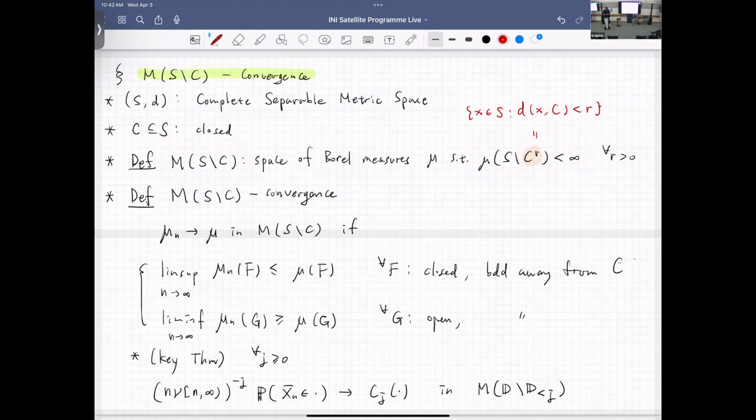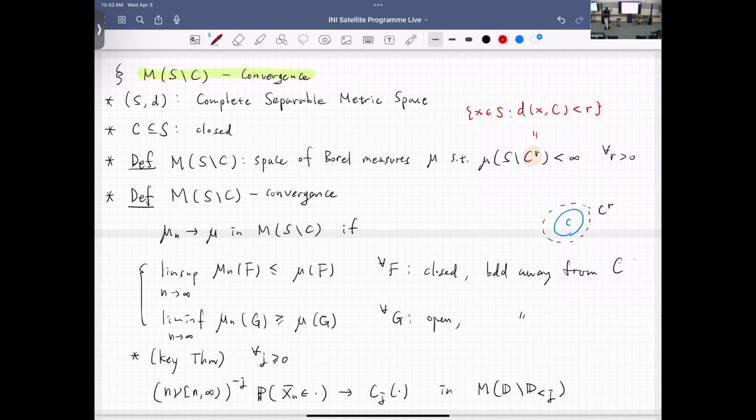So if this is C, then this is the r-fattening, C^r, and here it's the open fattening.